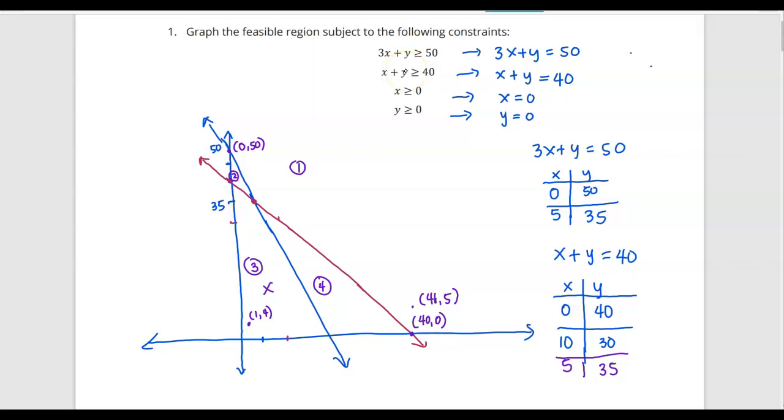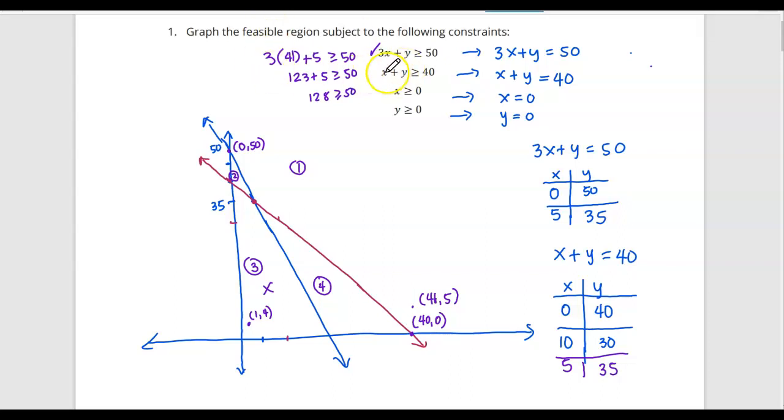When x is equal to 41, we have 41 times 3 and then plus 5. Will you get a number that is greater than 50? You know that 41 times 3 is 123. So you have 123 plus 5. That is 128, which is greater than 50. So yes, it is satisfied on that inequality.